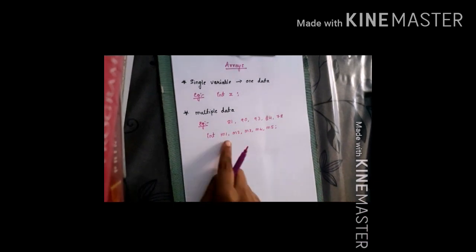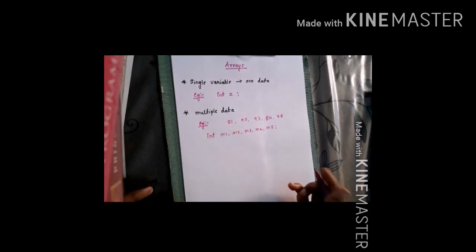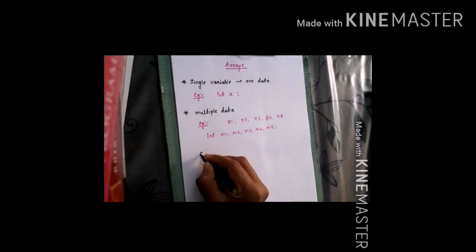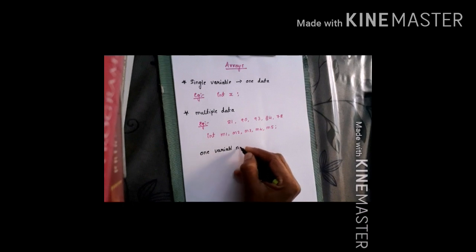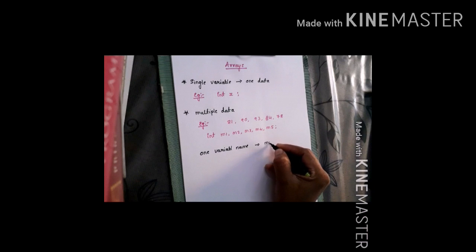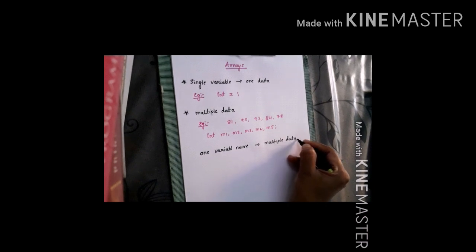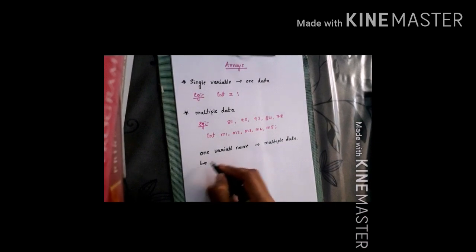Instead of declaring one variable to store one test marks, we can also use only one variable name to store multiple data. So this type of variable is known as array.